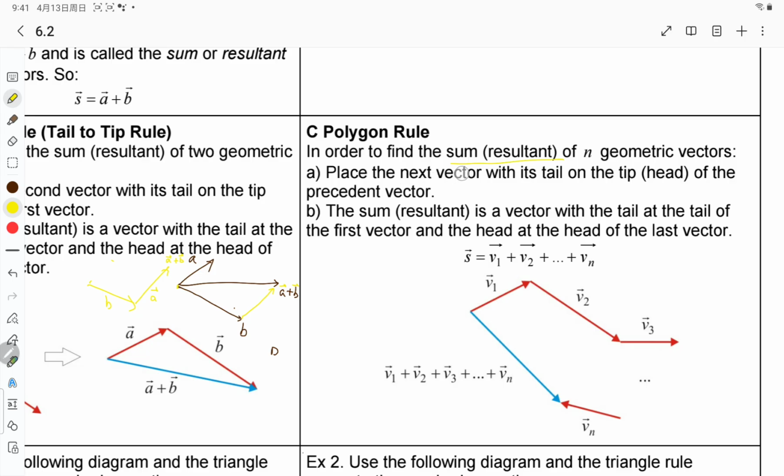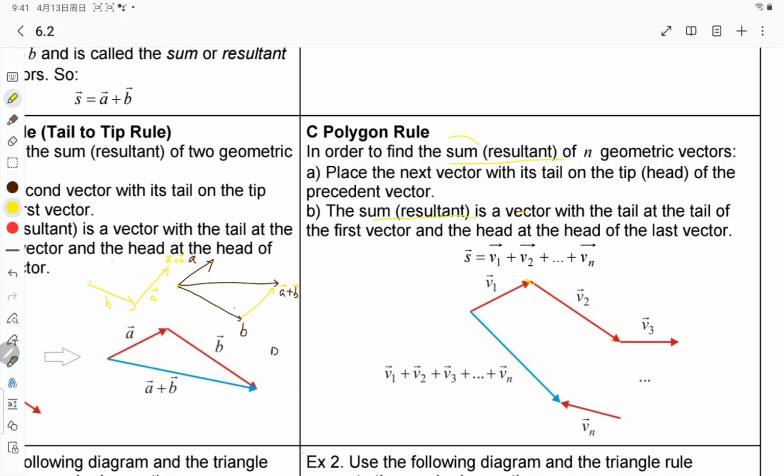The next vector has its tail on the tip, or head, of the previous vector, and the sum, called the resultant, is the vector with its tail at the tail of the first vector and its head at the head of the last vector. So we're basically connecting head to tail. Yeah, I think it was okay.